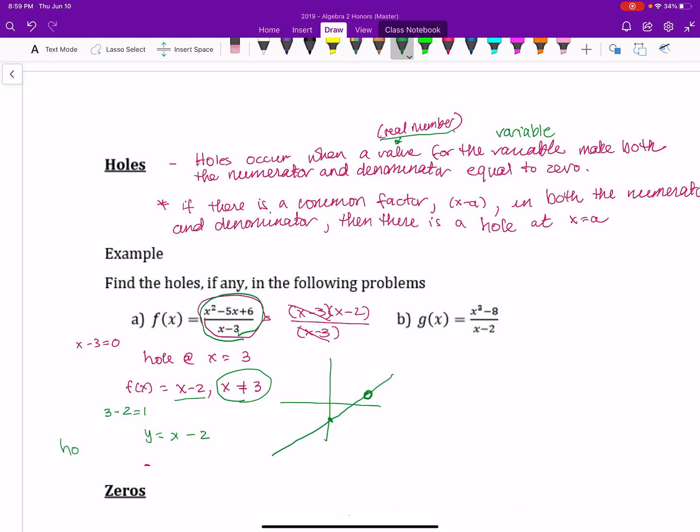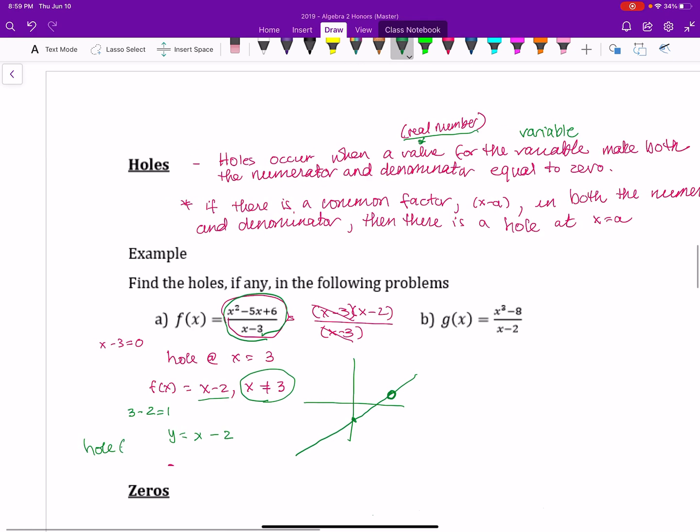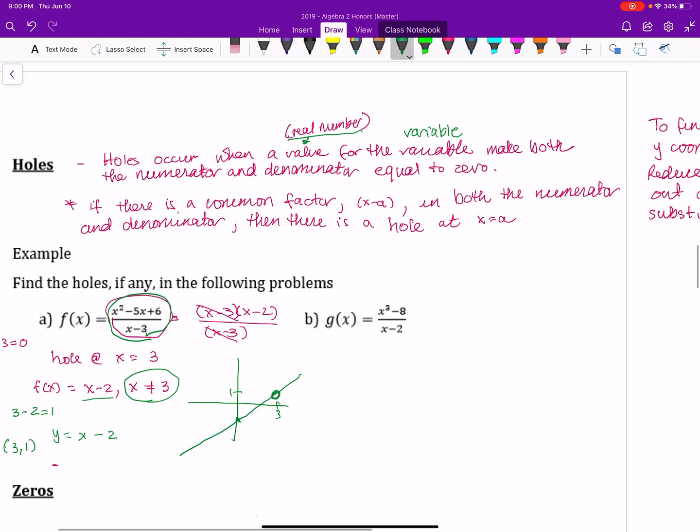So that means the hole is going to be the ordered pair (3, 1). So that's here at 1, and that happens here at 3. So you need to draw those things in. That's super important. So let's look at the next one.